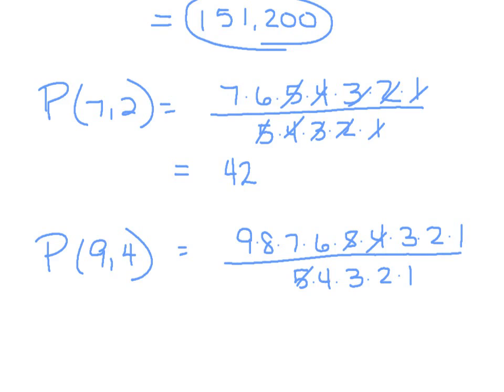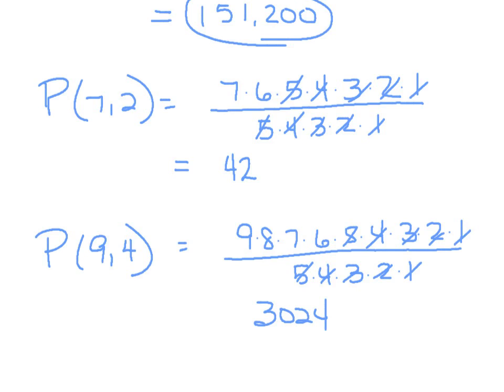So we go ahead and cancel all of our common factors, and let's multiply. We have 9 times 8 times 7 times 6, and it's 3,024 ways. Okay, tomorrow in class we'll work on ways to apply this. Right now all I want to know is that you know how to calculate a permutation. Okay, all right, let's go on.